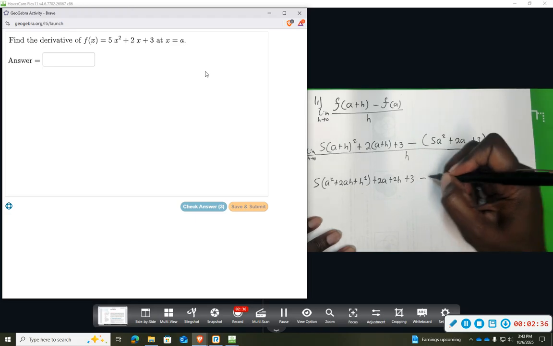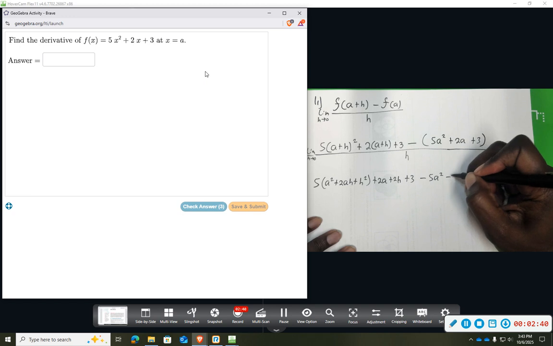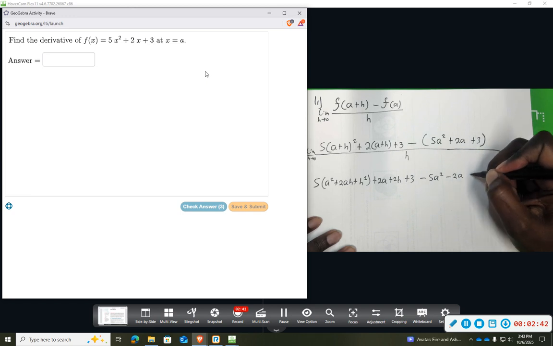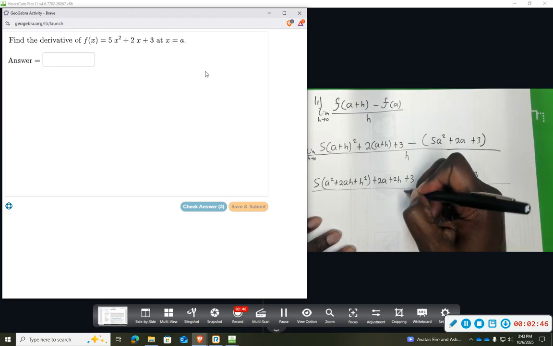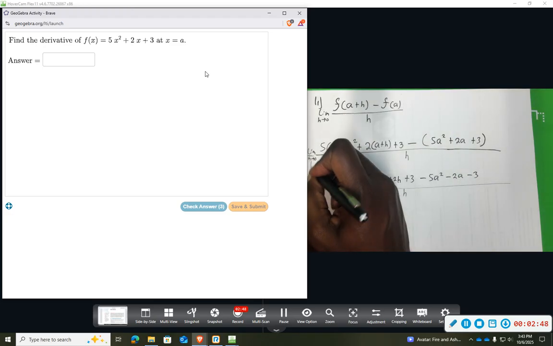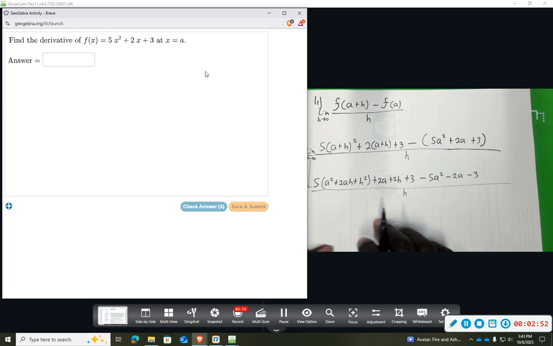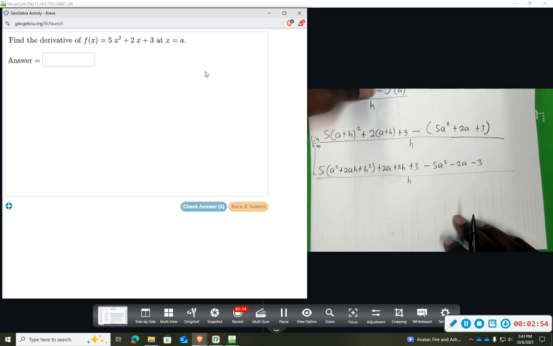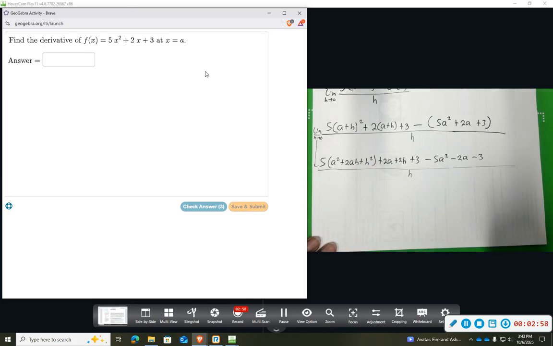So we'll have a minus 5a squared minus 2a minus 3, and this is all over h, and of course my limit, just bring this down. Now I'm going to distribute the 5, and then we'll be able to cancel out some like terms, simplify, and we'll have our answer.